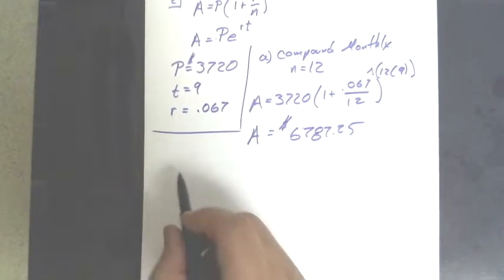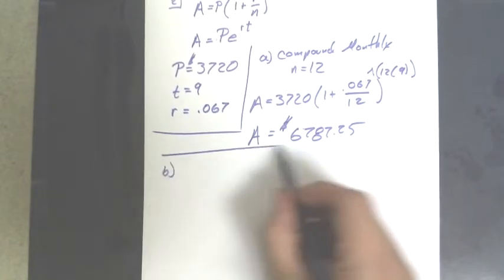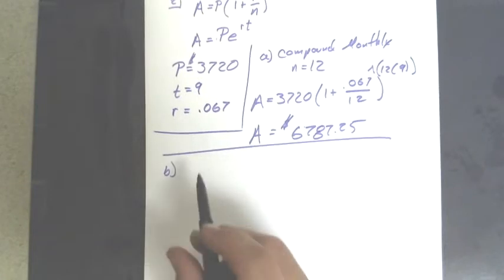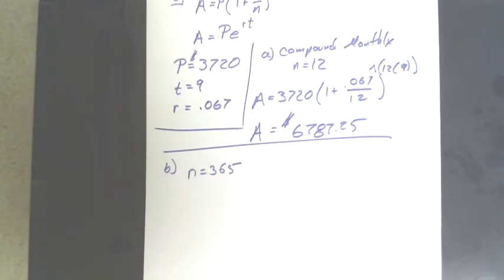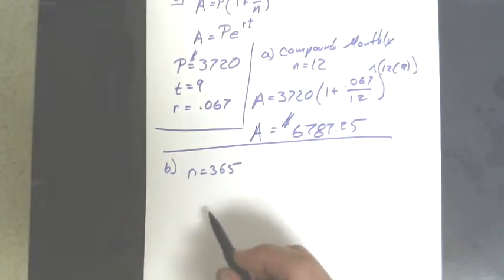You're then asked in part B to do it daily. Daily is n equals 365. You could use 365 and a quarter if you really wanted to for the whole leap year thing, but it's probably not necessary in this context.